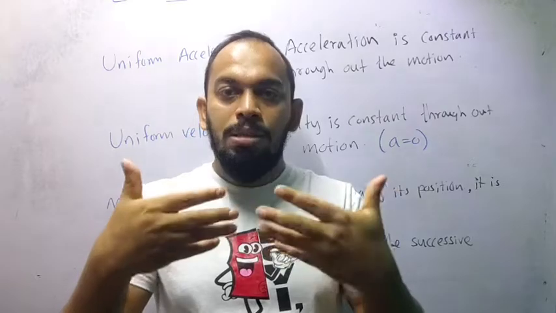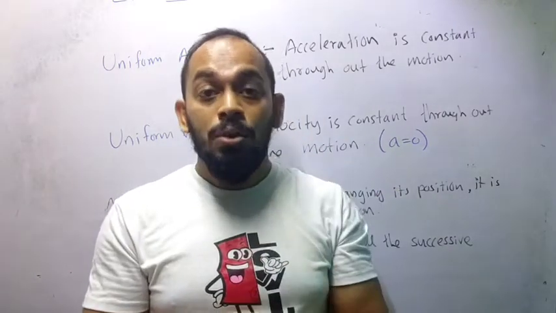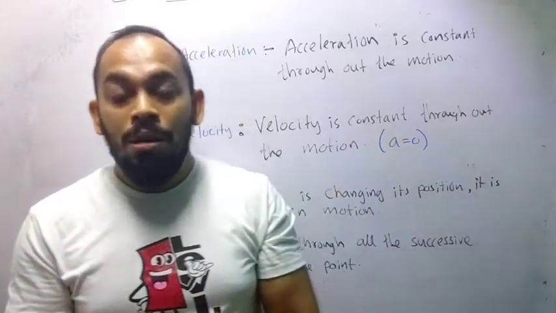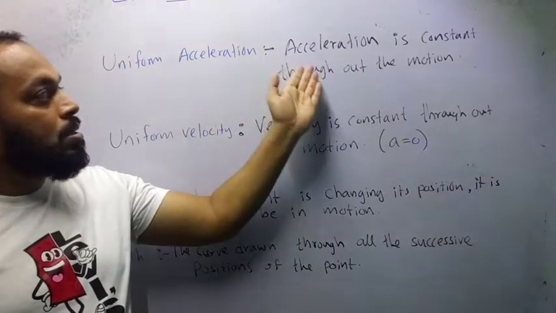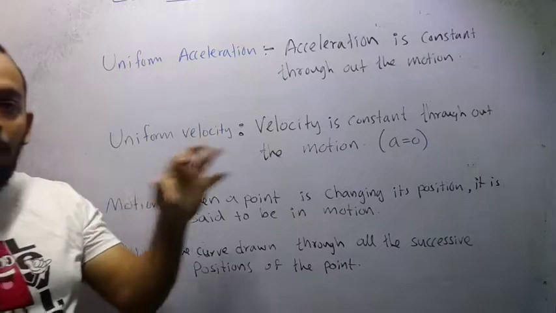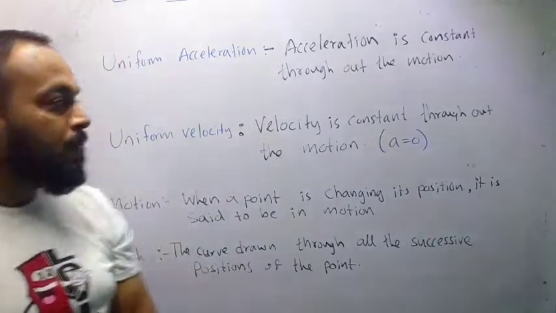Within a certain piece, acceleration must be uniform. Otherwise, you can't use the kinetic equations that I'm going to derive soon. So uniform acceleration is defined as acceleration being constant throughout the motion.